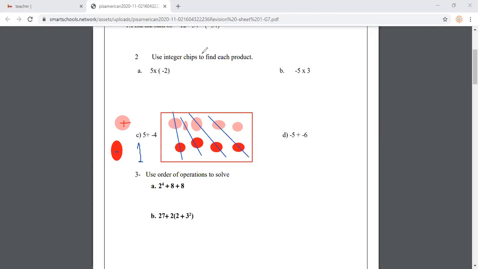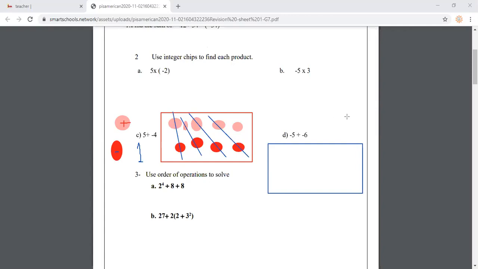Let's move to the next question. Can anyone tell me what we have to do first? It's -5 plus -6. We will draw 5 negative circles and then 6 negative circles. Yes, and we are going to put them in a rectangle like this. And then second, we have to put the key that both will be negative.